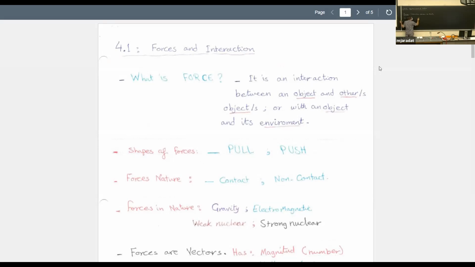We name it F as a vector, which has a magnitude, which is just a number, and it has a direction. Before that, a unit. The unit of the force is the Newton, and we have a direction.